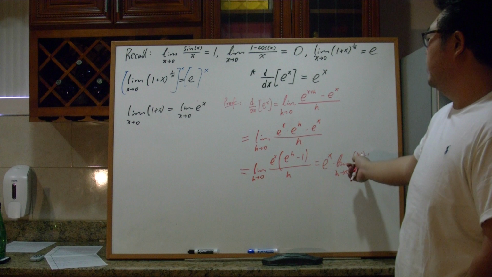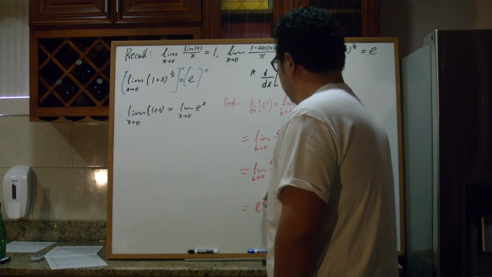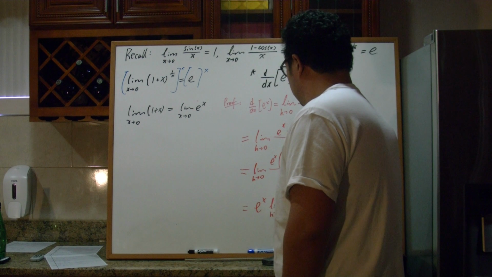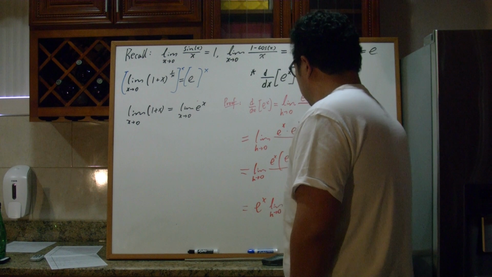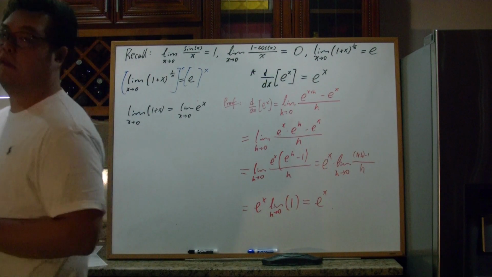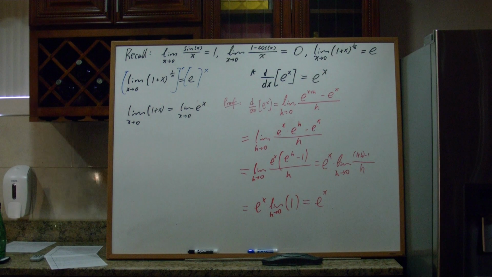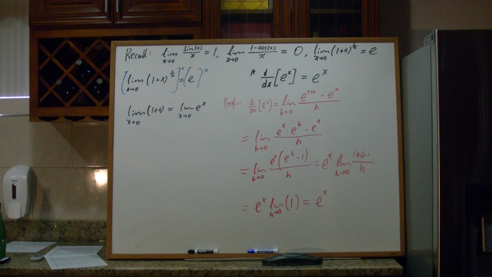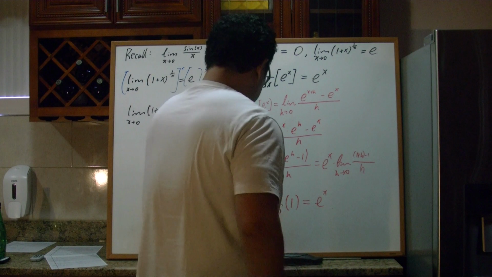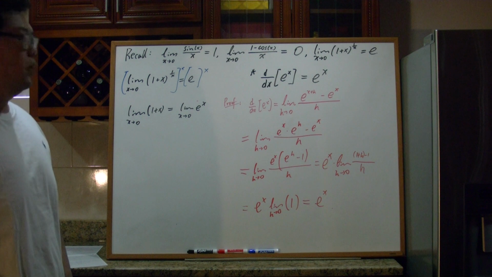We have 1 plus h minus 1, which is h over h, which leaves our derivative to be e to the x. Right, so that is what we have.